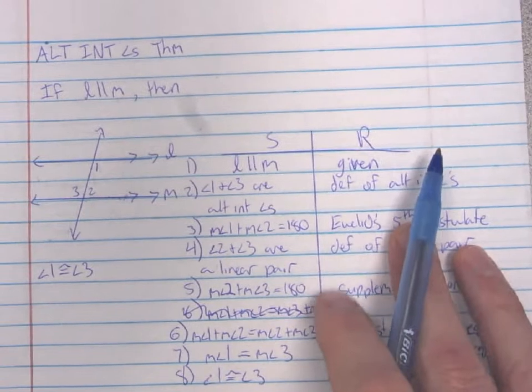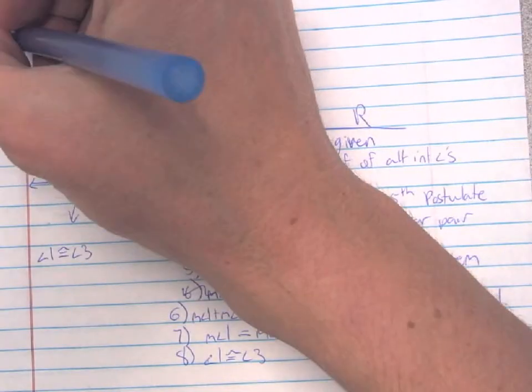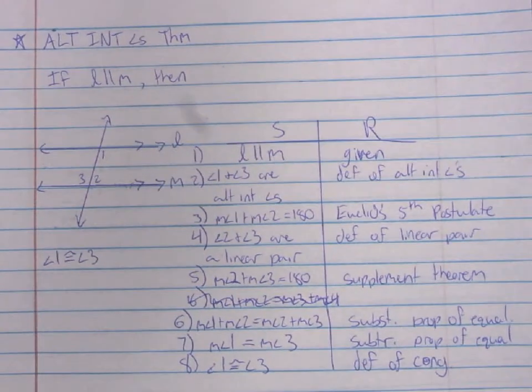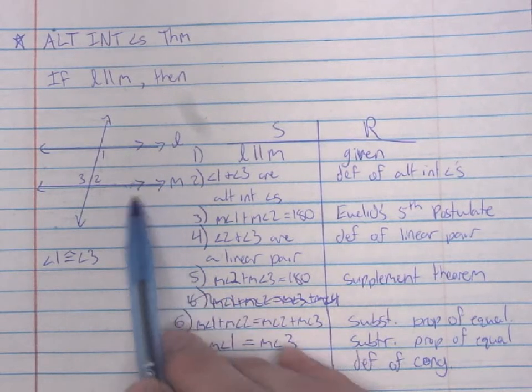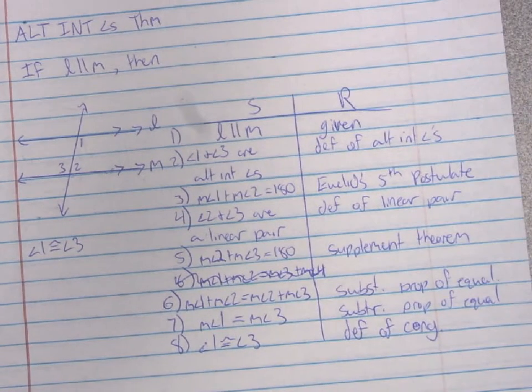We started out trying to prove this theorem, we just did, and now we can use it. We just unlocked this theorem for our next proof. So we can assume that if two parallel lines are cut by a transversal, then the alternate interior angles are congruent. We've just proved it.